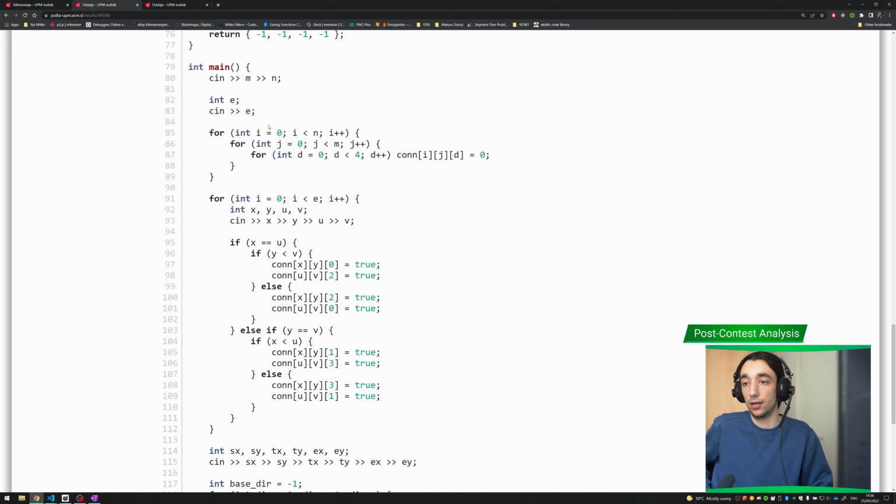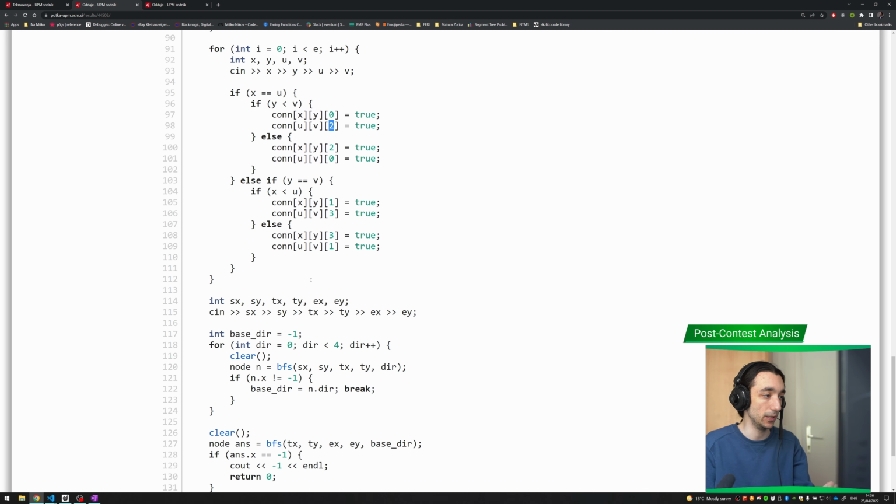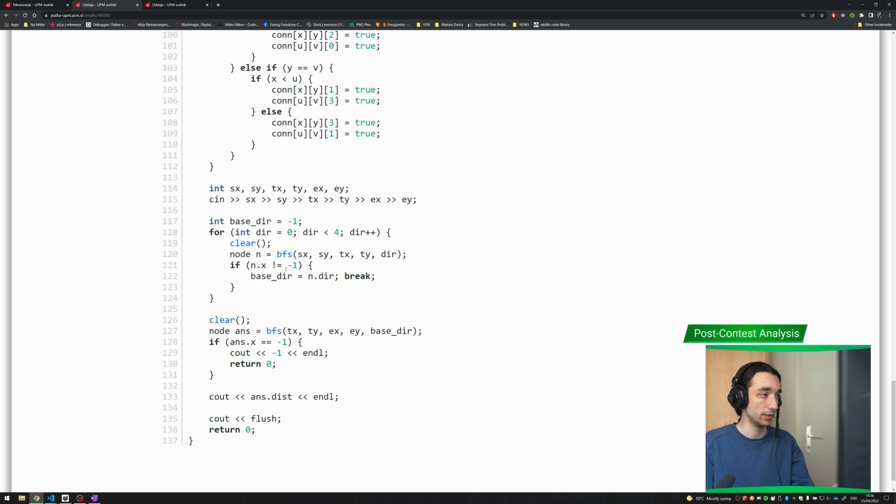Actually, it's a full-blown matrix. We say that 0 is the top direction, then 1 is on the right, then 2 is on the bottom, and 3 is on the left, due to the fact that if you know this already, you can just modulo and shift the directions later in the BFS pretty easily.